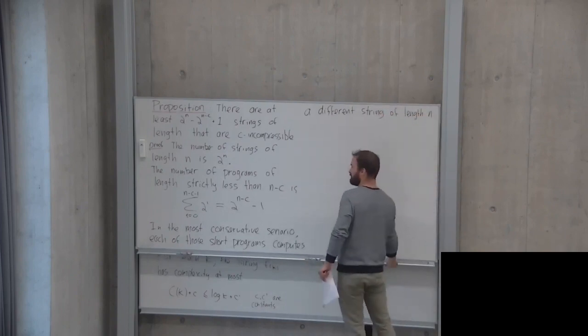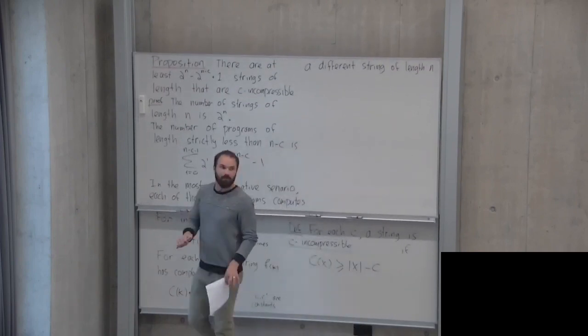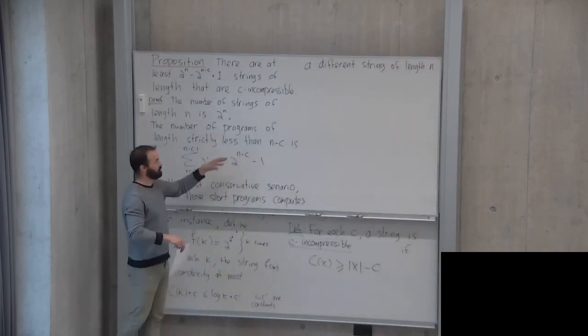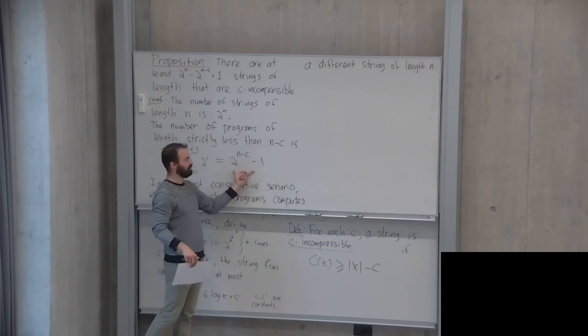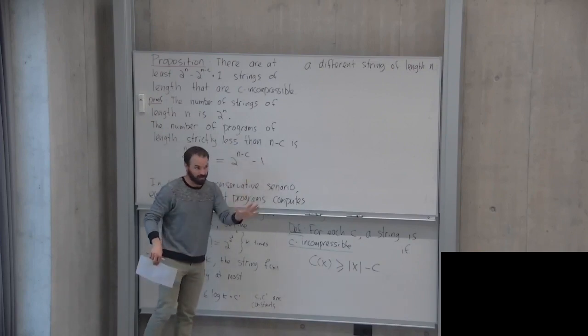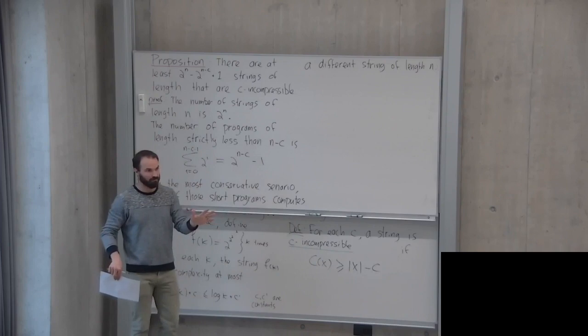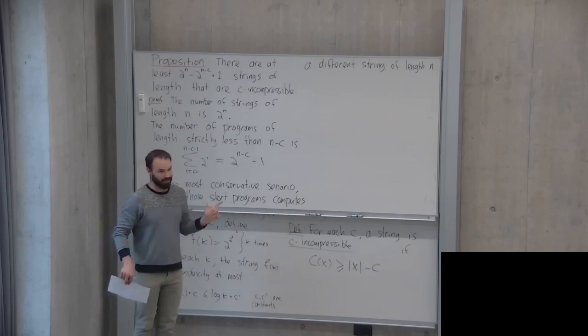That's really a conservative assumption. So I'm calling those the short programs, those programs that have length strictly less than n minus c. We've counted them, there's that many of them. Worst case, all of these programs happen to halt and happen to be computing a string of length exactly n, and not the same, always a different one.